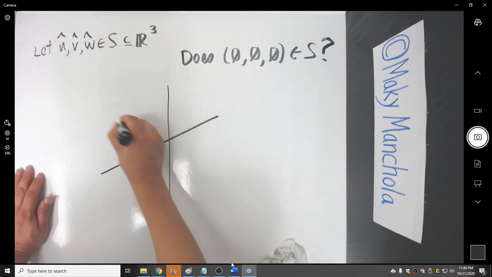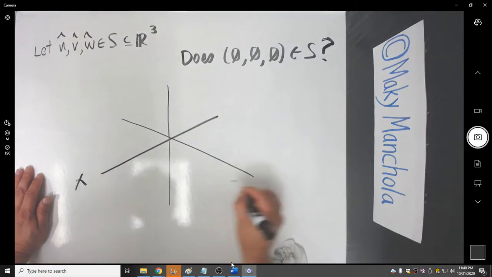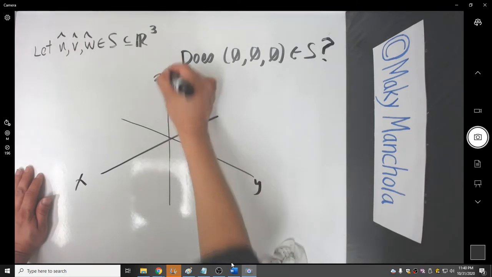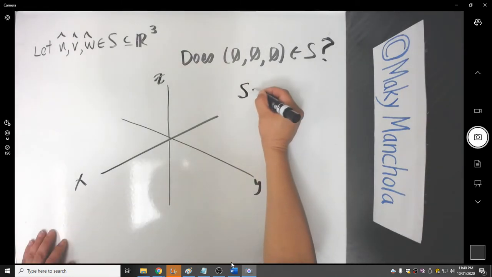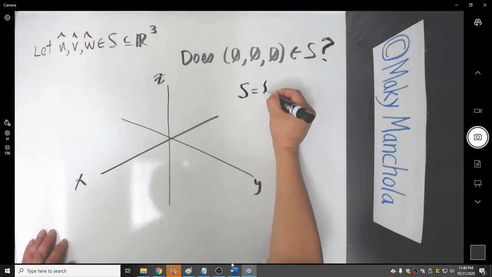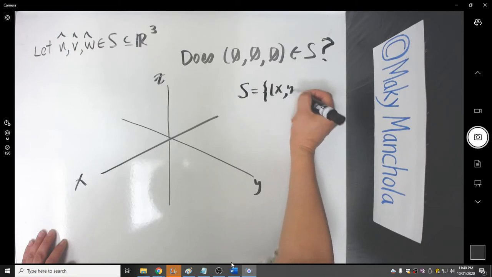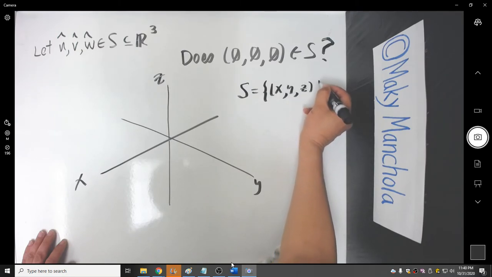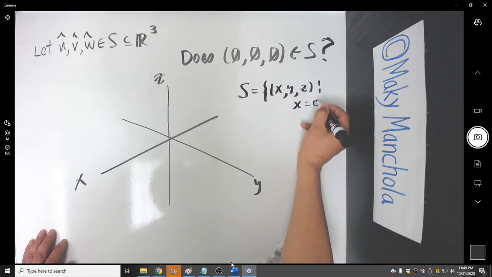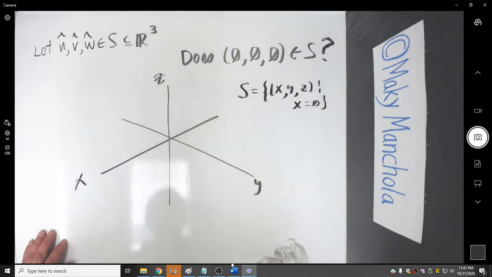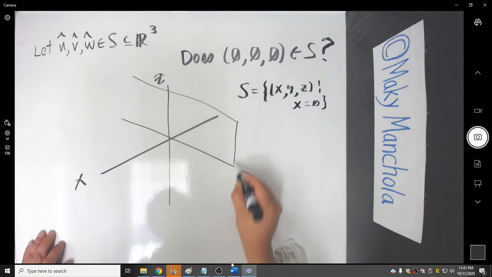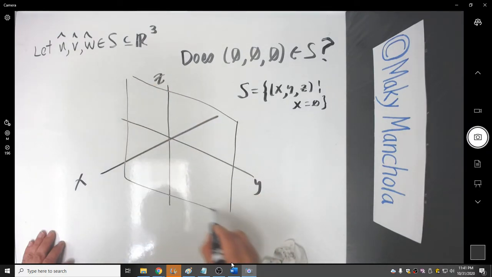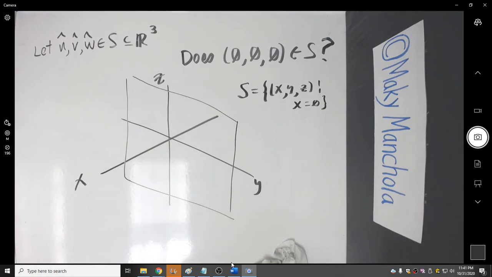So here is the XYZ space. Now, if you tell me S is the set of all triples XYZ such that X is 0, that means you're talking about the YZ plane.